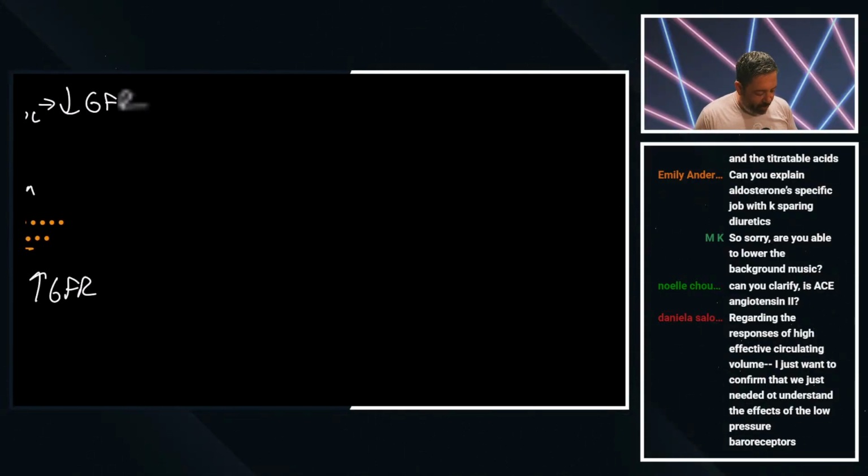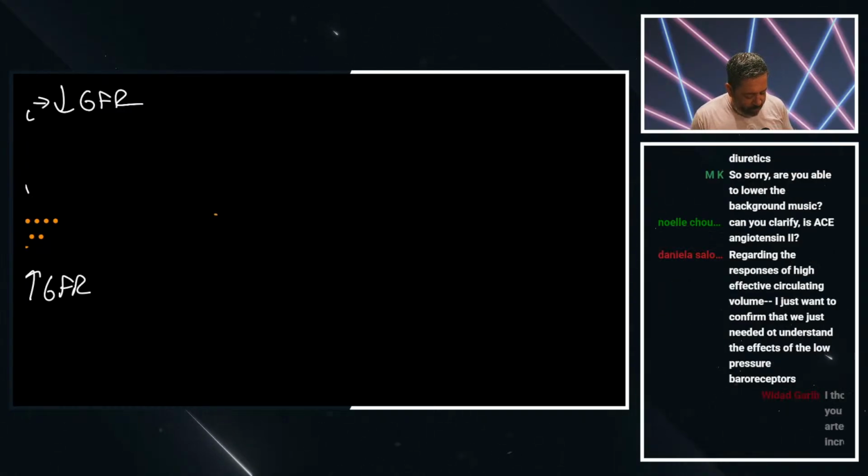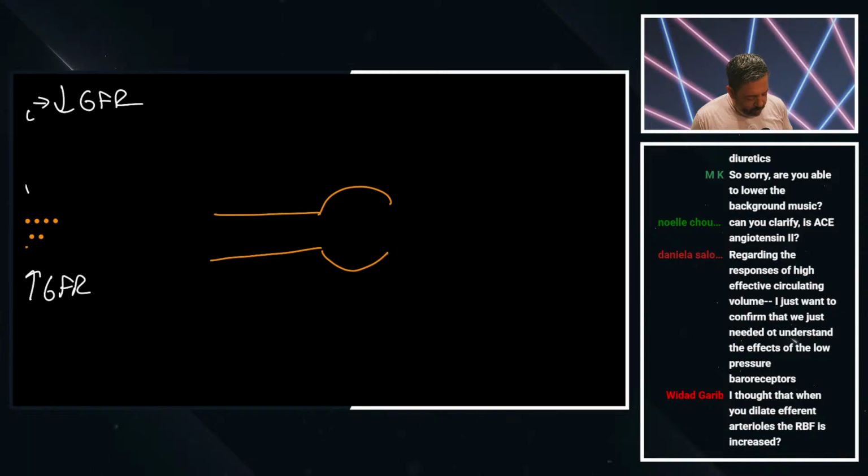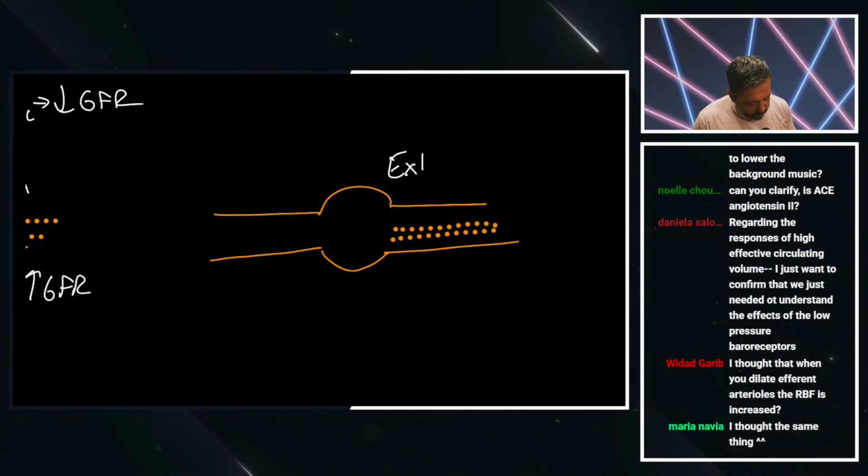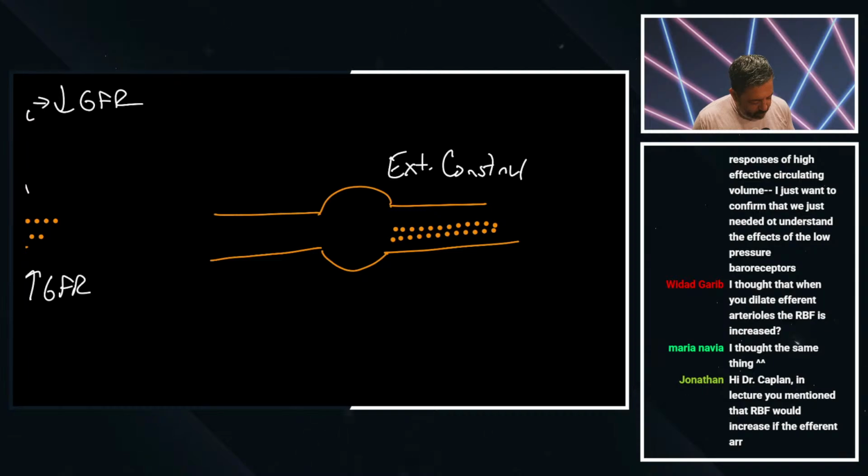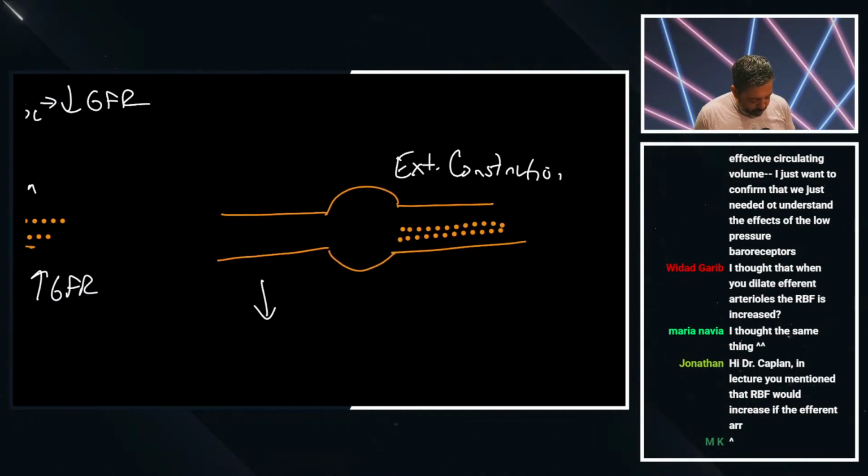However, we also have another situation that can happen with that efferent arteriole as well. And this last one is extreme constriction. Okay, in this case, renal blood flow goes up because all this blood gets stuck inside the glomerular capillary.